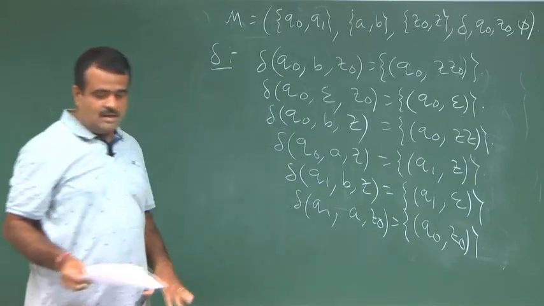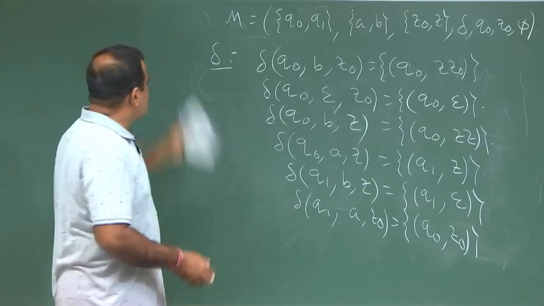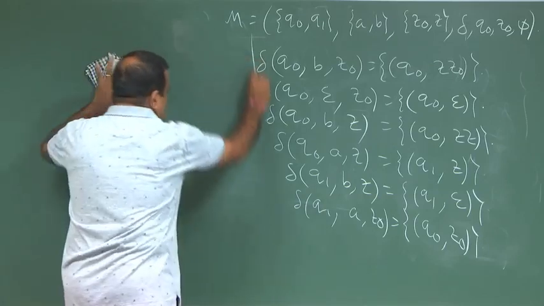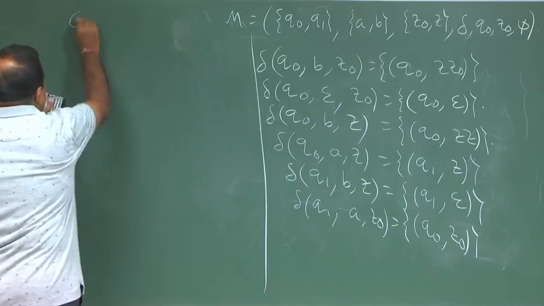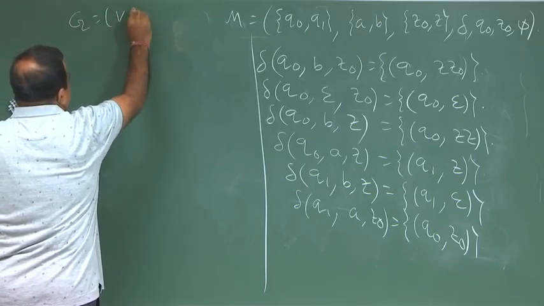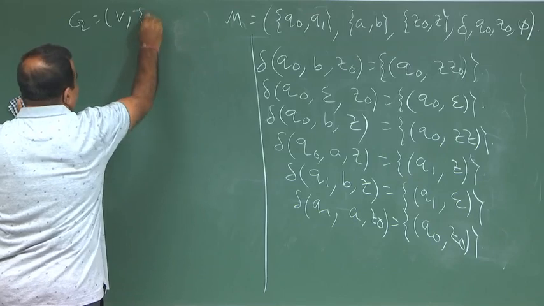Now we need to convert this given PDA to a grammar. The corresponding grammar, we know, G is (V, T, P, S), where T is here a, b.